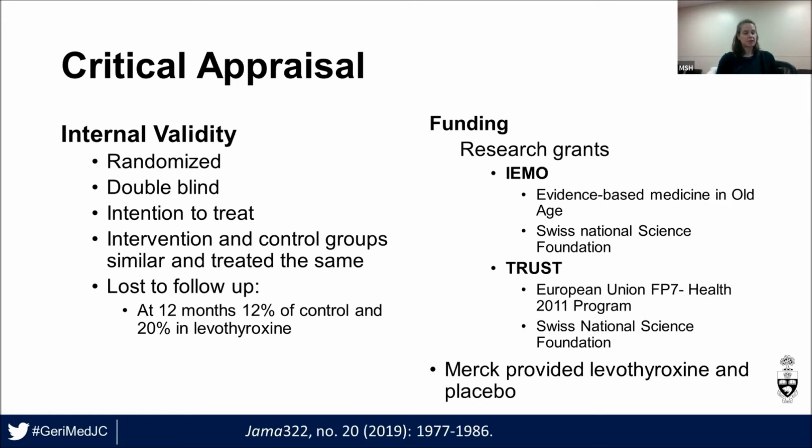The intervention and control groups were treated similarly. And at 12 months, 12% of controls and 20% of levothyroxine participants were lost to follow-up. The funding was based on research grants entirely for both trials, and Merck provided the levothyroxine pills and the placebo pills.